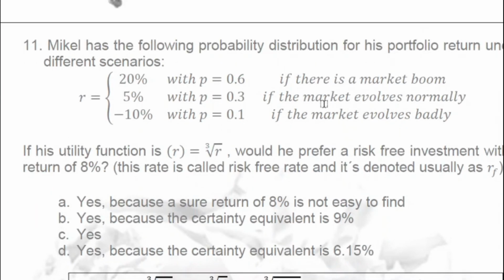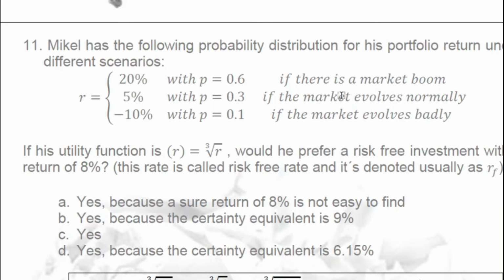Mikkel has the following probability distribution for his portfolio return under different scenarios. The return will be 20% with a probability of 0.6, which will happen with a market boom. The return will be 5% with a probability of 0.3, if the market evolves normally, and you will lose 10% with a probability of 0.1, in the scenario of a bad evolution of the market.